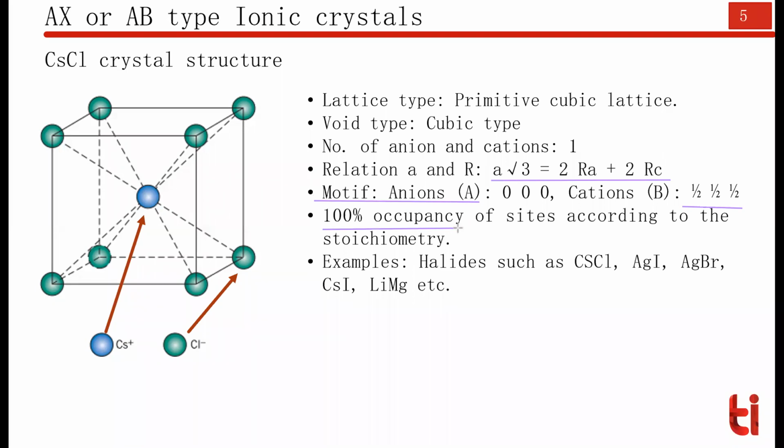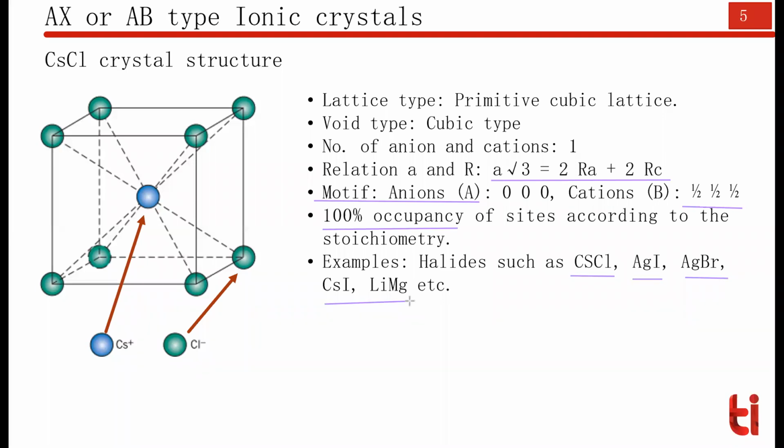The examples of solids which form an AB type of unit cell are cesium chloride, AgI, that is silver iodide, AgBr, that is silver bromide, cesium iodide, lithium manganide, etc. So what you can see here is that in all of these solids, generally those atoms form the cubic kind of lattice which has a very small cation, because for having the AX type of structure or an AB type of structure with a cubic type of void, your anion to cation radius ratio has to be nearly the same.